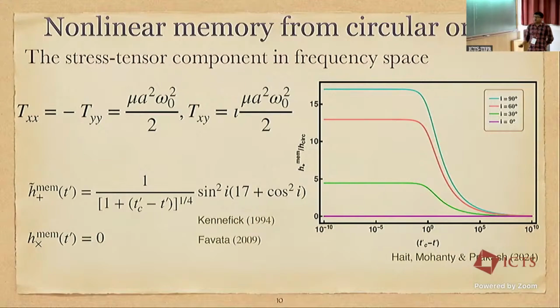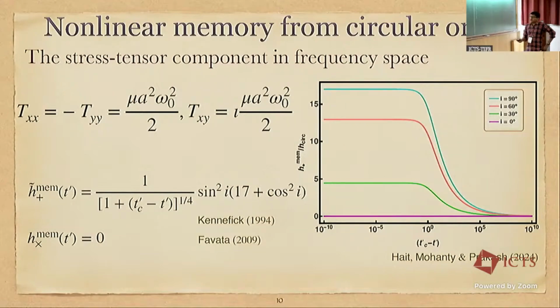Now if you use this stress tensor to calculate the memory signal, this is how the memory signal looks, and this iota is the angle between the direction towards Earth and the direction of the orbit. Now if you want to understand this signal in the case of physical inspiraling binaries, this Tc is the time when the innermost circular orbit is reached during the merger, beyond which we can't apply this formalism.